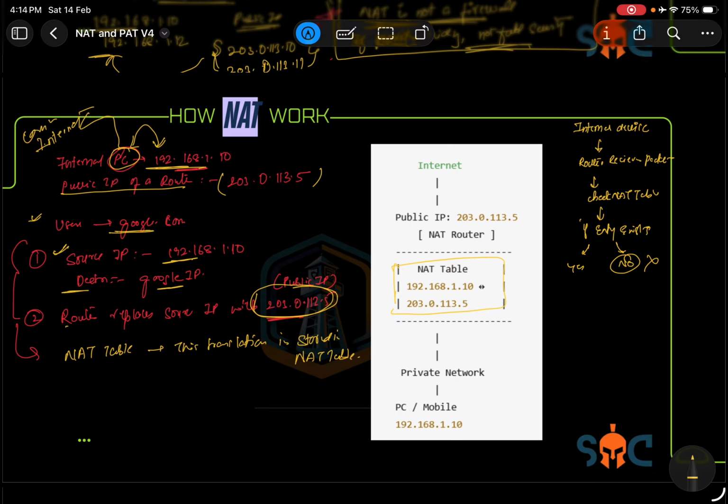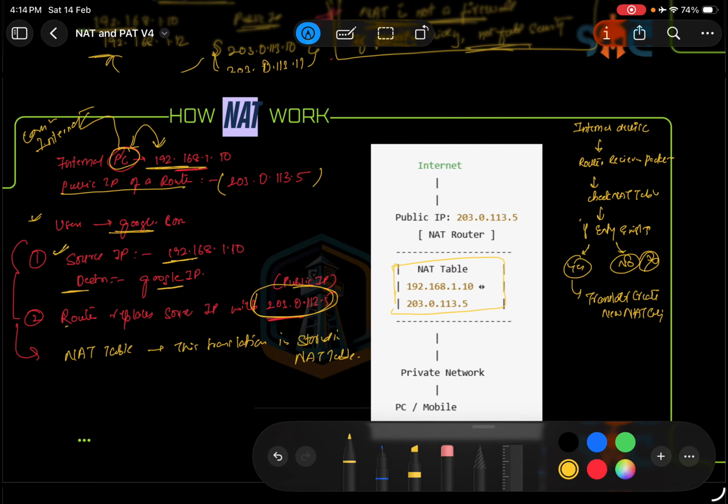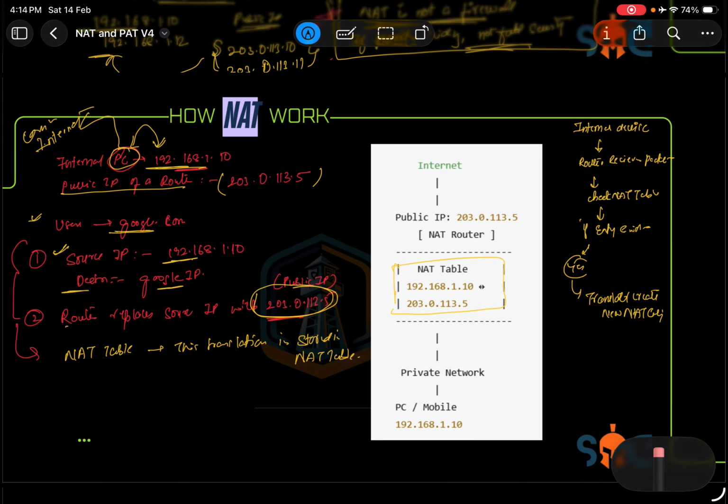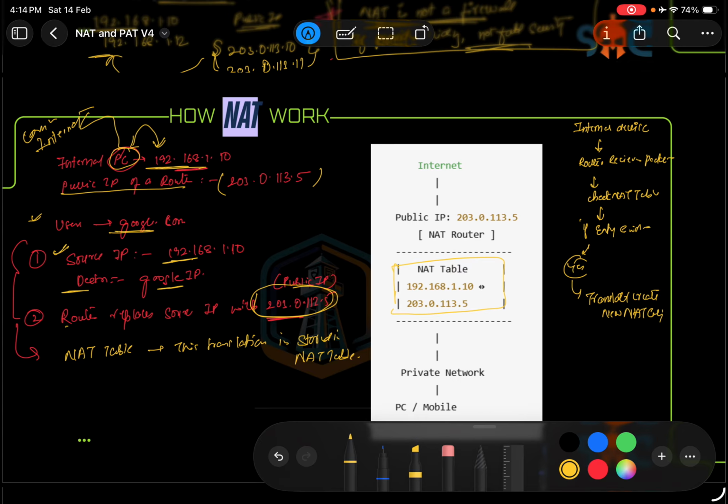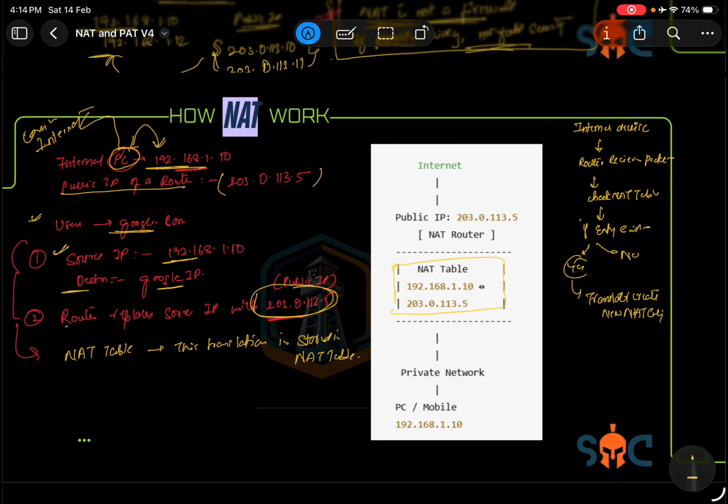If no, it will close, and if yes, it will translate or create a new NAT entry. So sorry, this will not close the session. That's my mistake. Yeah, two situations.